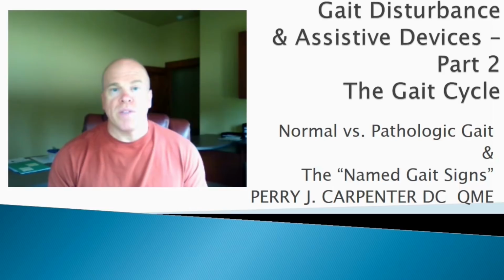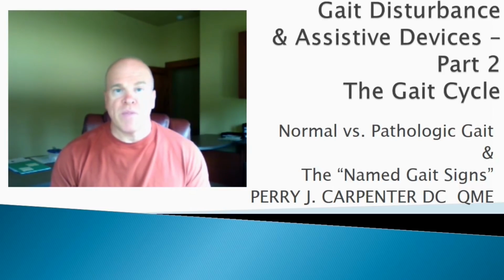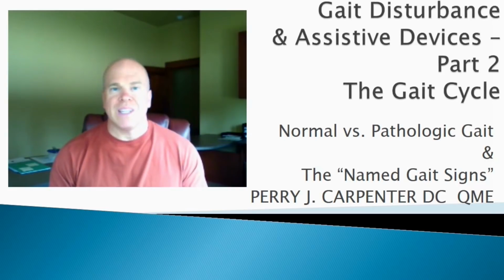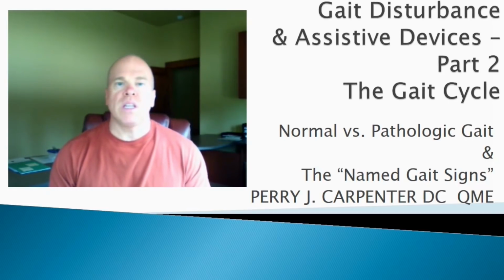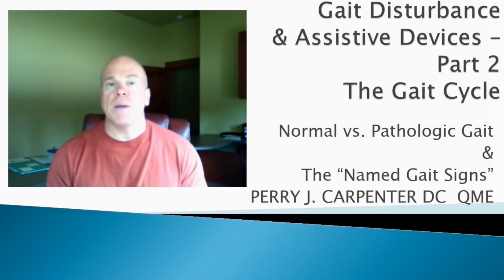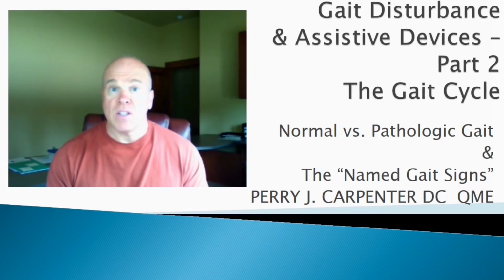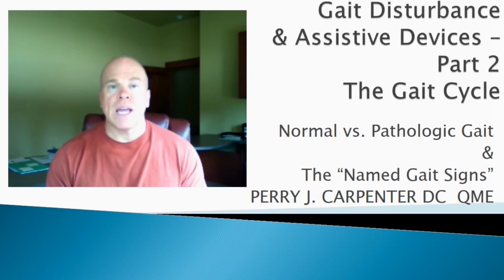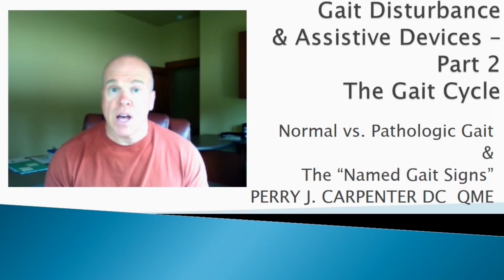So we'll go over a brief description of some of the subphases of the gait cycle, and then we'll go into some of the named gait signs, including the gait signs that are specifically described in the AMA guides, including Antalgic Gait and Trendelenburg Gait, as well as several others.